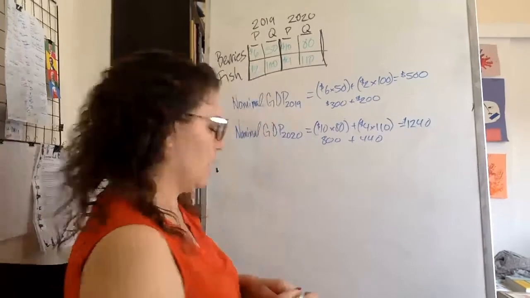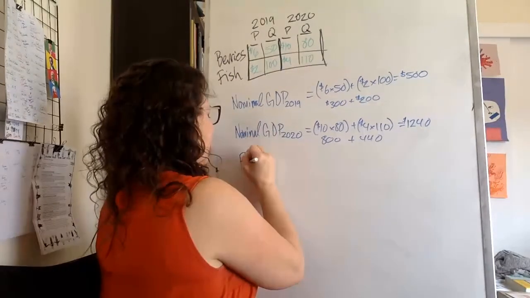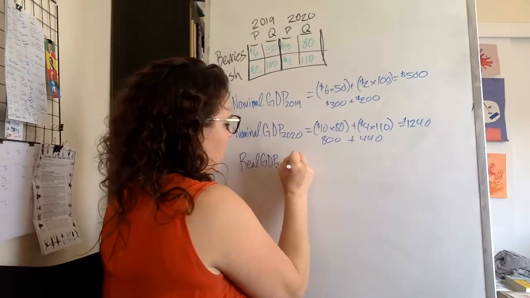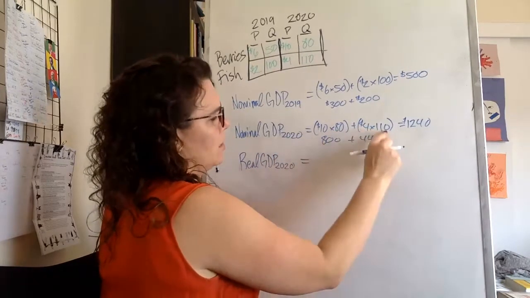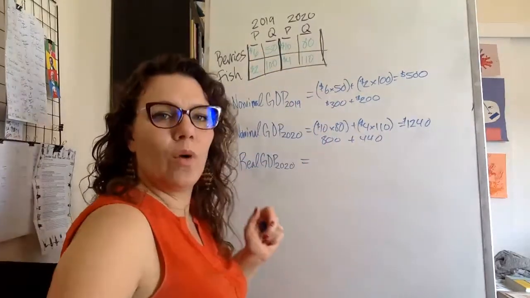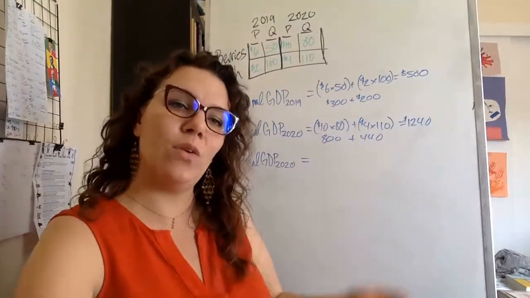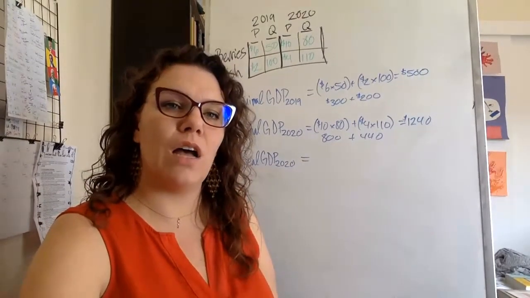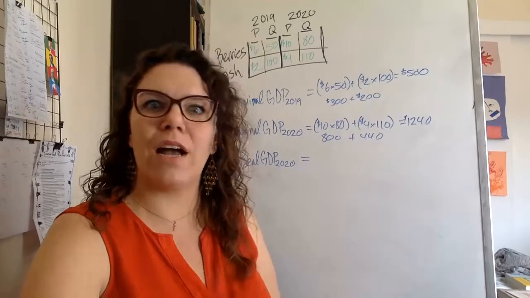Okay? So real GDP in 2020 is going to use the same quantities, but it's going to use these 2019 prices, because what we want to do is take out the inflationary power of those higher prices, right?